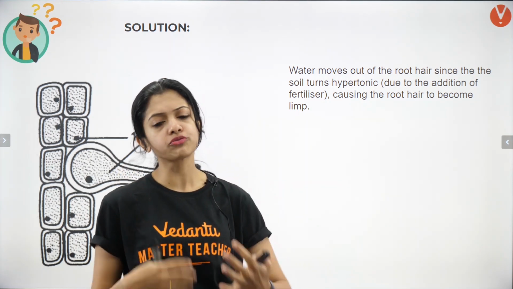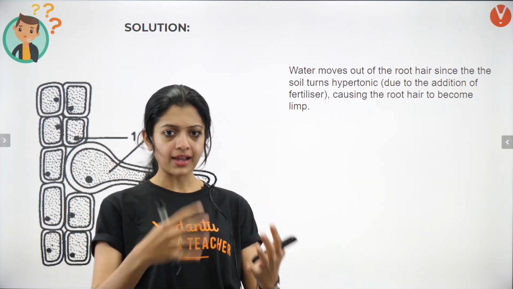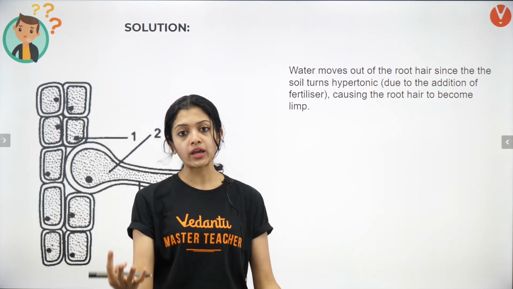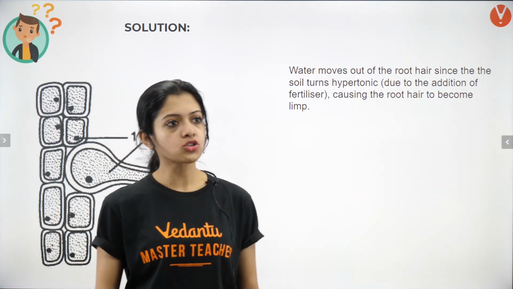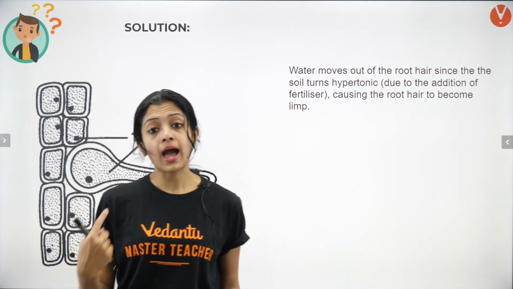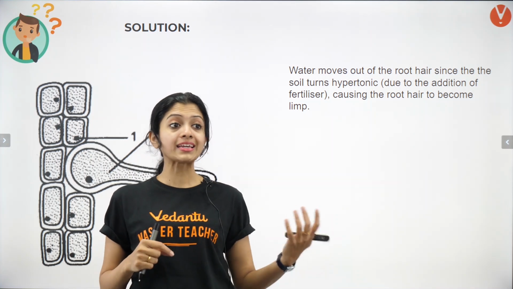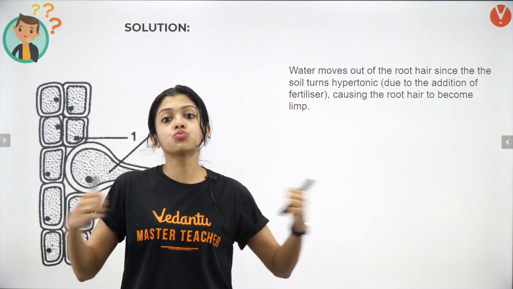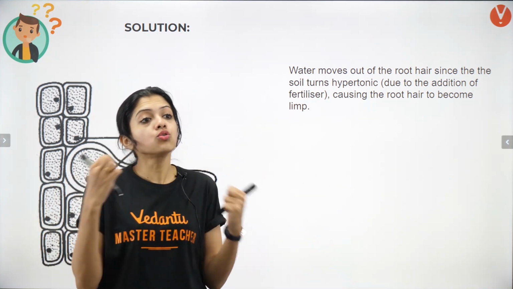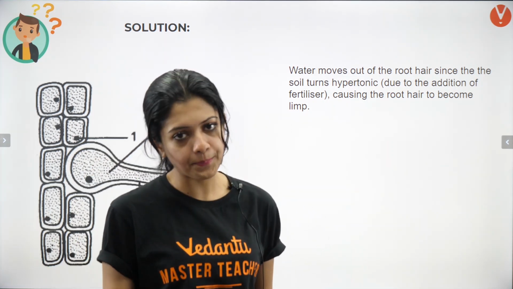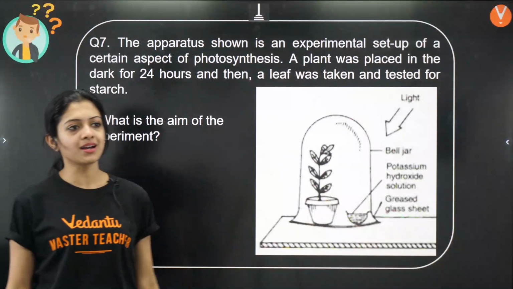It can contain a lot of minerals like N, P, K, nitrogen, phosphorus, potassium, and all of those, which means it's making the soil medium hypertonic. And what happens when the root hair is in a hypertonic condition? It loses water, right? When it loses water, the root hair ends up becoming limp. So that would be the answer to that question.